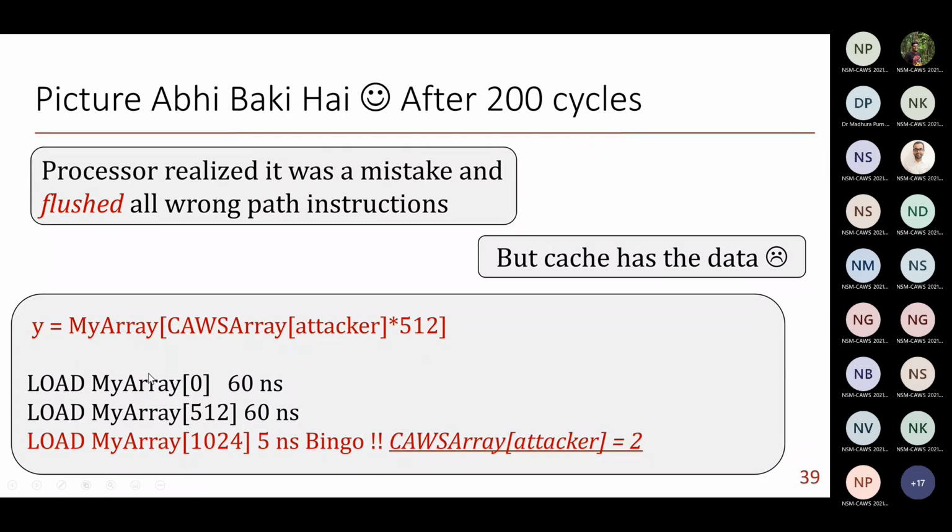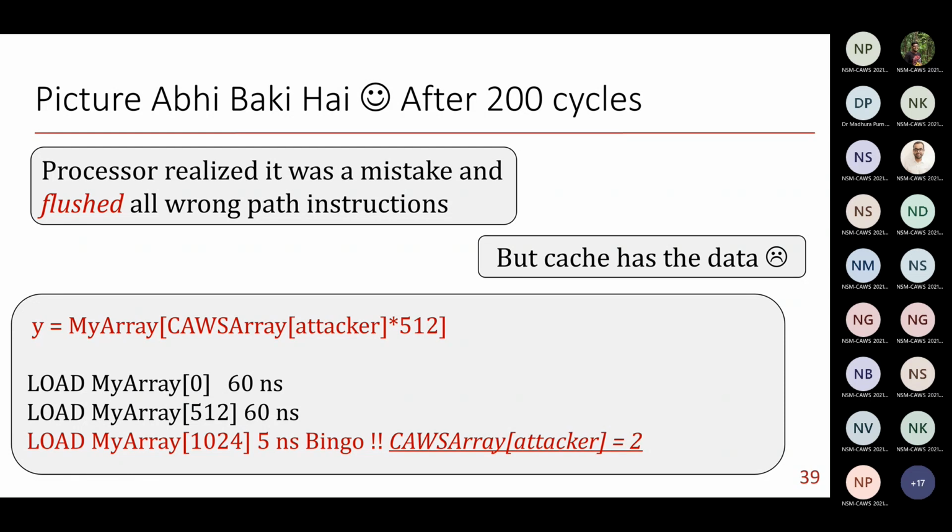And it will just run a loop like my array 0, my array 512, my array 1024, and observe the access time. Suddenly for 1024, it's seeing that it is able to access the data pretty fast, with just 5 nanoseconds. That means the data is actually coming from the cache, which means the value of this particular index was actually 2. That's why when attacker tries to access 2 into 512, 1024, it got the data in just 5 nanoseconds instead of 60 nanoseconds, right?